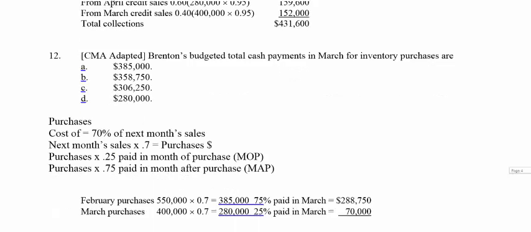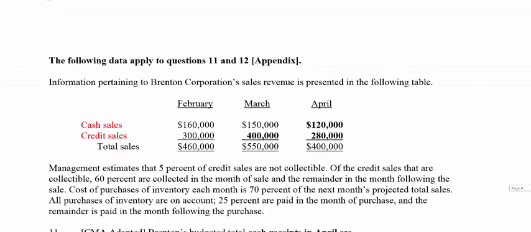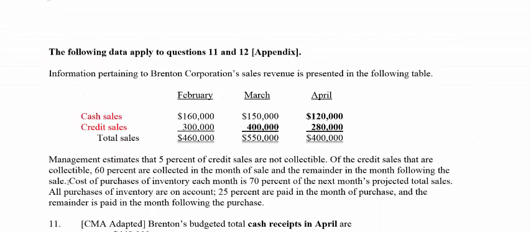All right. And then number 12, they are wanting us to calculate cash payments for March, just for our inventory purchases. This one's a little convoluted too. They are telling us that our cost of purchases of inventory each month is 70% of the next month's projected total sales.